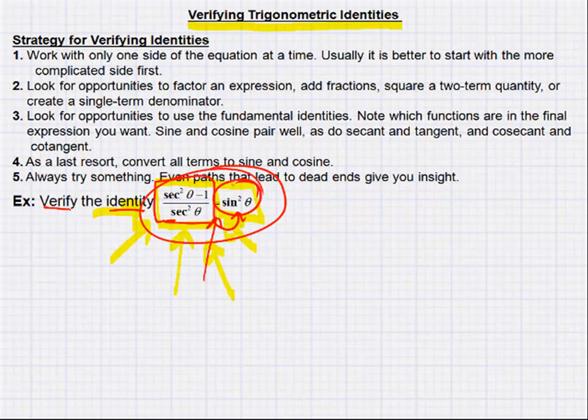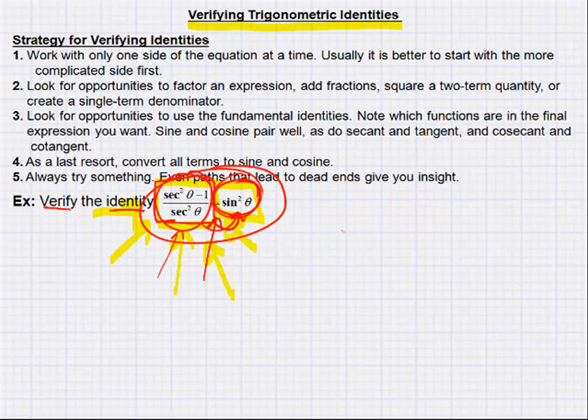Previously we talked about how you can show that something's not an identity. And really what we're doing here is showing that this is an identity, and if it is an identity, it has to always be true. But really what this question boils down to is saying simplify this side into this side.